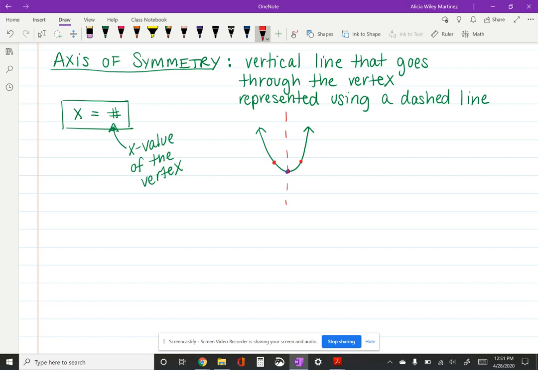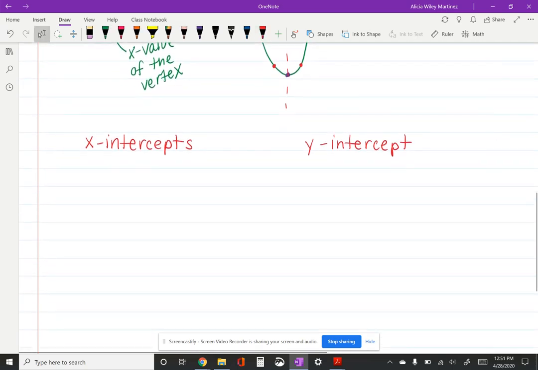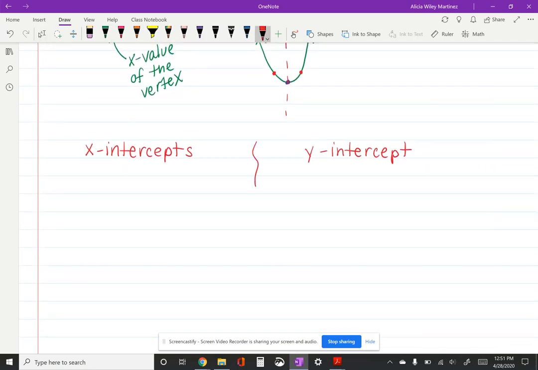In a quadratic graph, you can have both x-intercepts and you can have a y-intercept. Remember from linear equations what these two things are. An x-intercept can have 0, 1, or 2 x-intercepts.